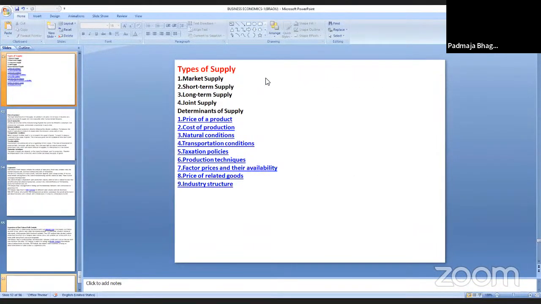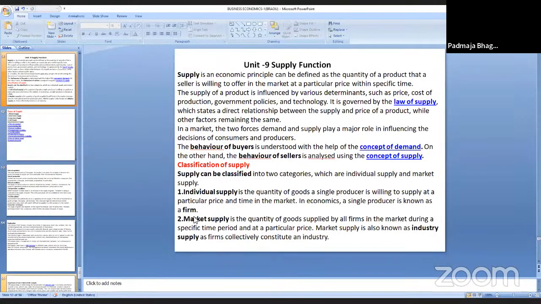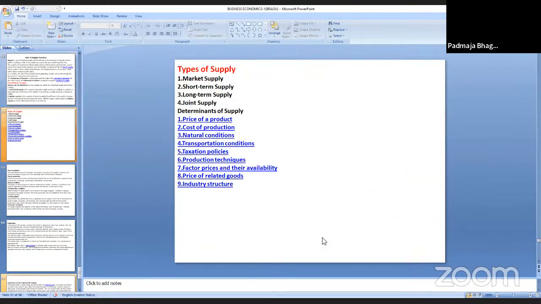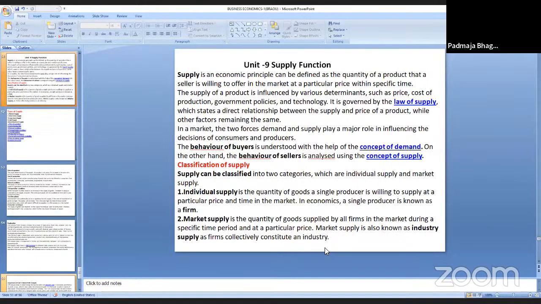Now we'll see the types of supply. Supply here means market supply, which we have just studied, also known as industry supply. This is the classification given. Individual supply is where a single producer is willing to supply at a particular price and time in the market.